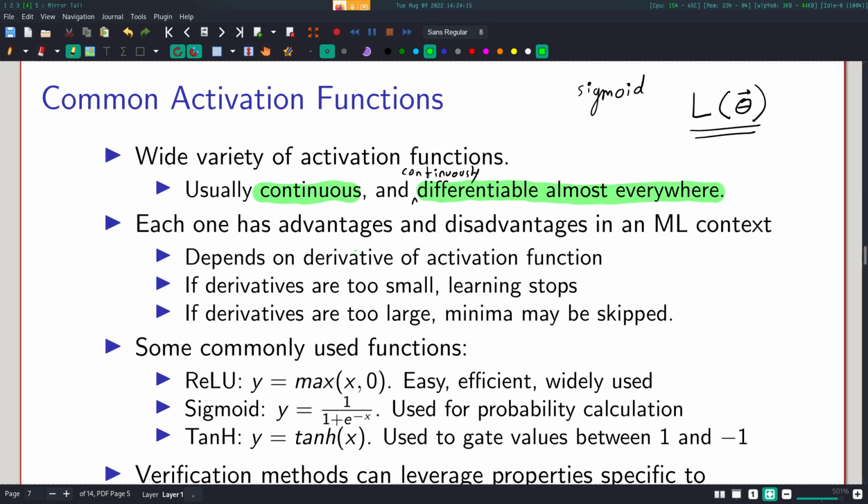So you'll have a set of advantages and disadvantages which usually depend on the derivative of the activation function. For example, if the derivatives are too small, or if they're 0, then if somehow you have gone to a particular configuration of your theta, where for all your training data the derivatives of all your activation functions come to be 0, right?